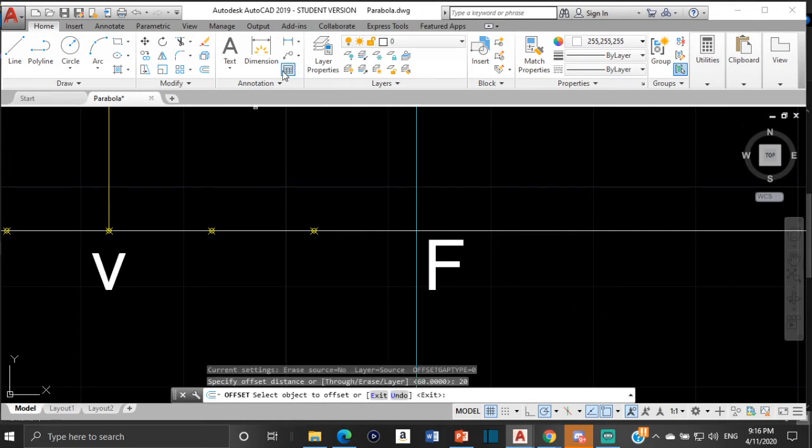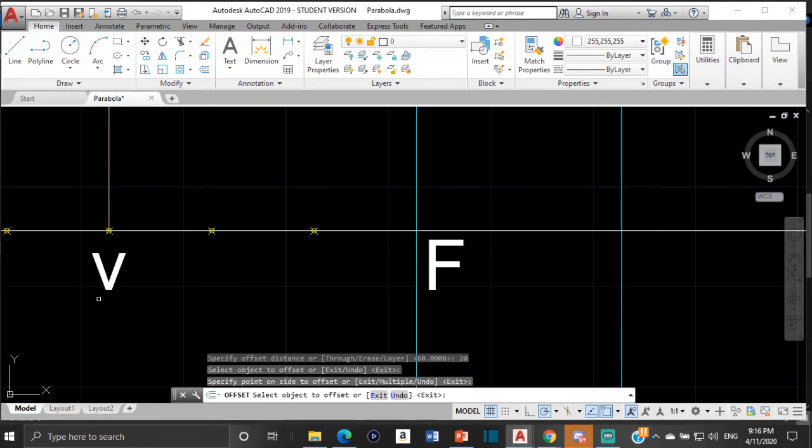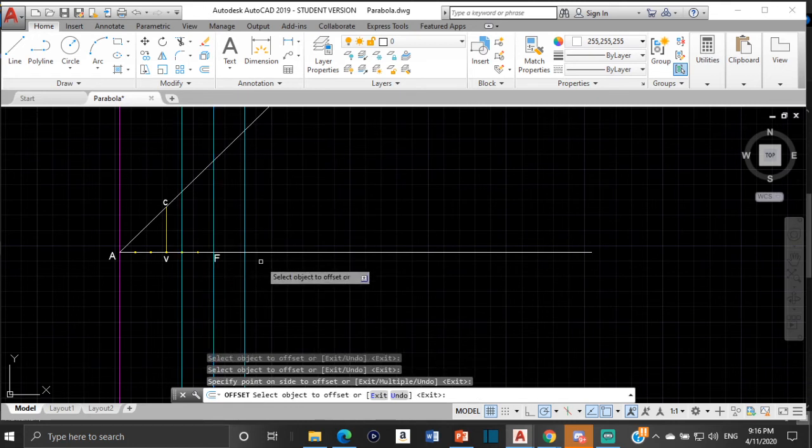So you can click on offset and type 20 and press enter. Then I'm going to click on the line, since this is what I want to offset. It says I'm supposed to click where I want to offset it from. I'm going to offset it from here, and I'm going to bring it over this side. All right, I'm going to offset it from here, bring it over that side by 20.